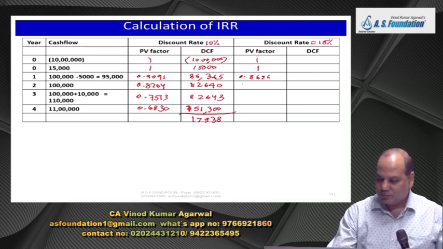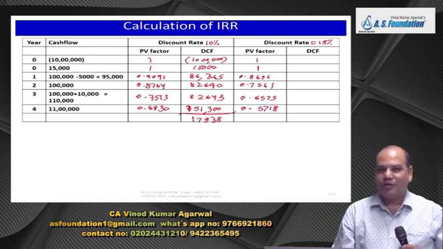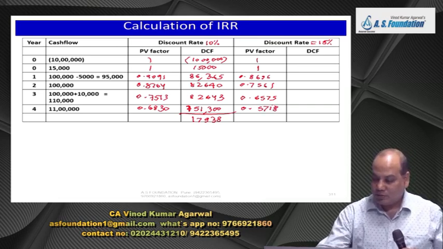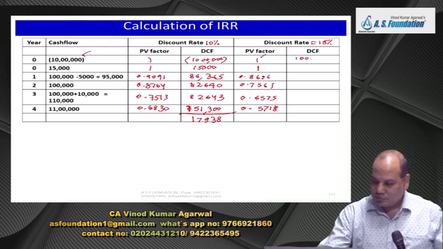Again press equal to 0.7561. Again equal to 0.6575. Again equal to 0.5718. Okay. Multiply this 10 lakh into 1. In bracket write 10 lakh. Again 15,000 into 1. Then 95,000 into 0.8696.